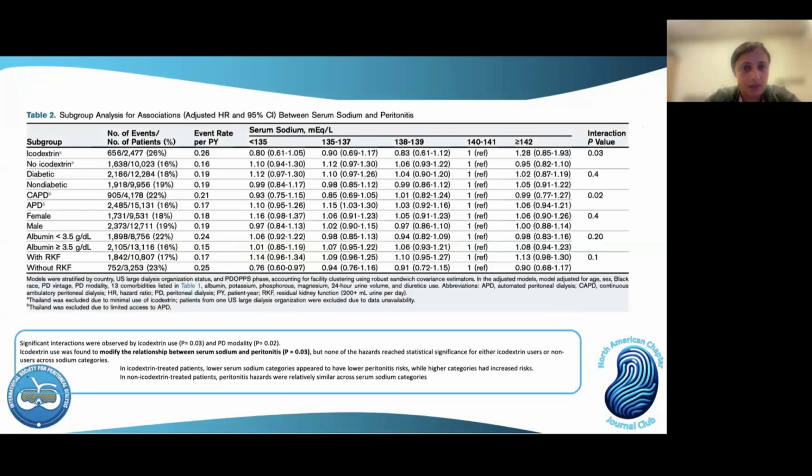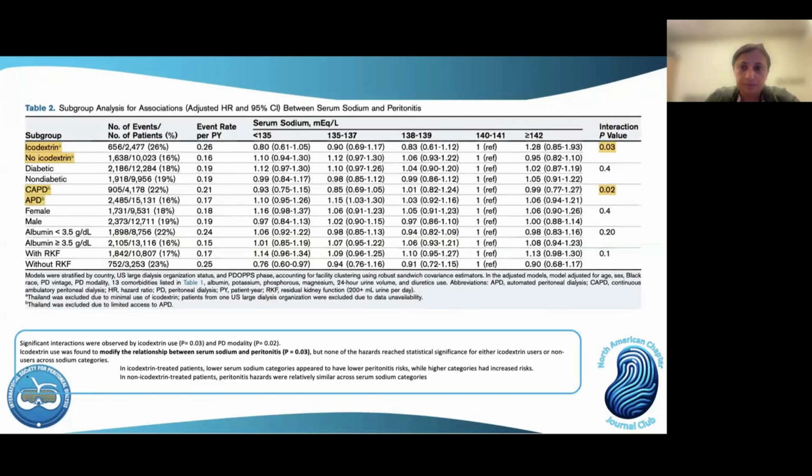So this is the subgroup analysis where they did the subgroup analysis for icodextrin use, diabetes, PD modality, gender, albumin, and residual kidney function. This table shows that there is no increase in risk of peritonitis in any of these subgroups in any of the sodium values.